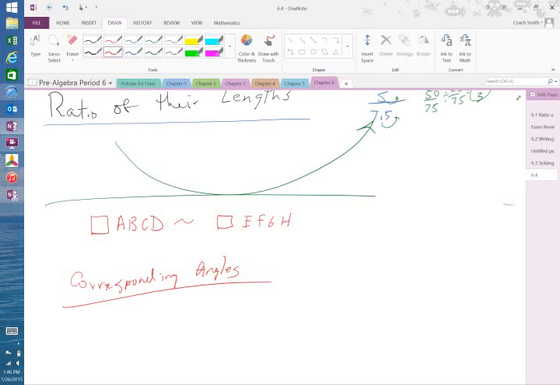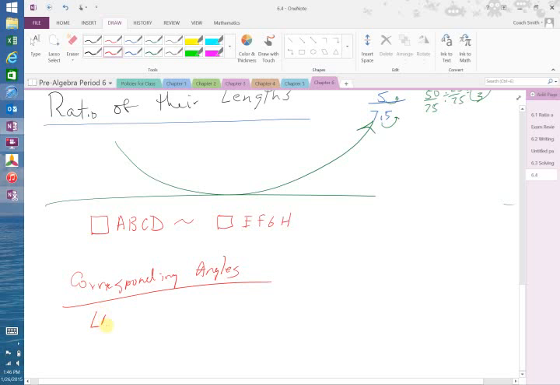How many angles are in a square? Then there have to be 4 corresponding angles if they're similar. Laney, what do you think? Right.